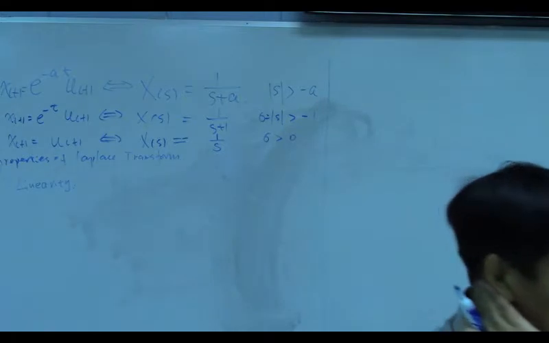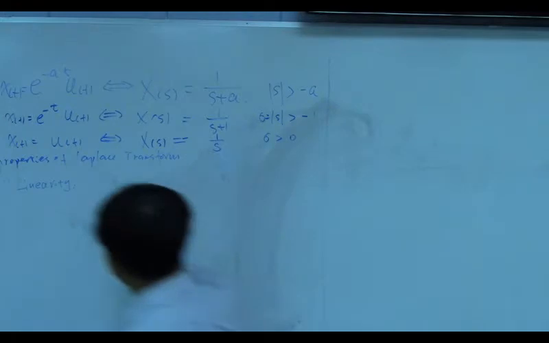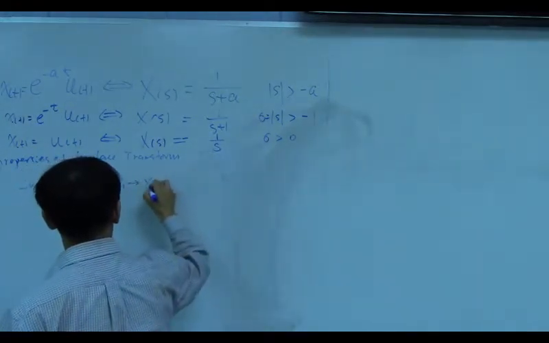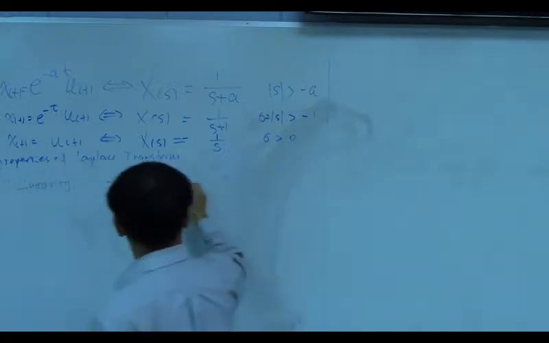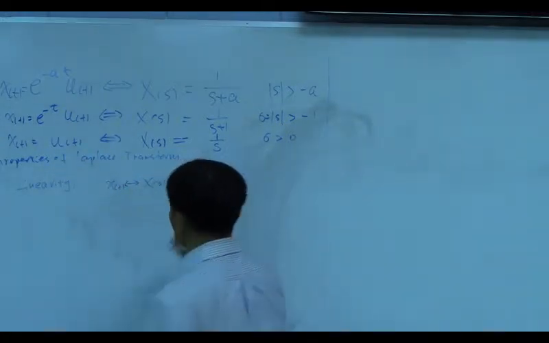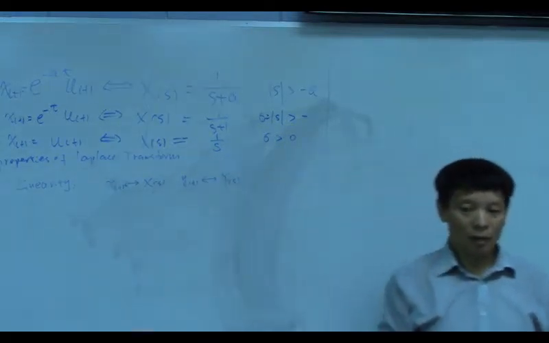We already know the concept of linear. Anyone can guess what is the linearity of Laplace transform? For example, if for xt we have this, and if for yt we have this, what is the linearity of a Laplace transform?